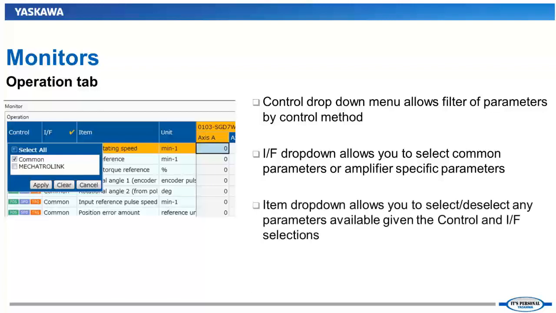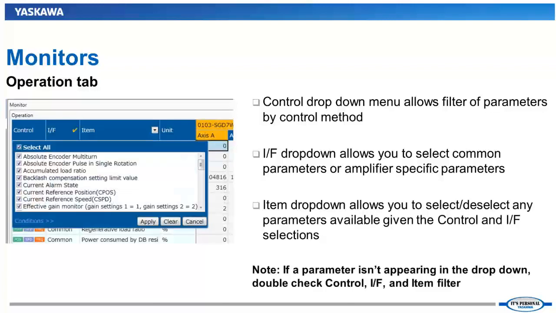And then the item drop-down, which is the last one, allows you to select and deselect all the parameters. And just a note, this item list will change based upon what you have set for your control and IF filters. So if you aren't finding an item in the item drop-down menu, go back and check your filters to make sure you have all the parameters enabled to be searched.